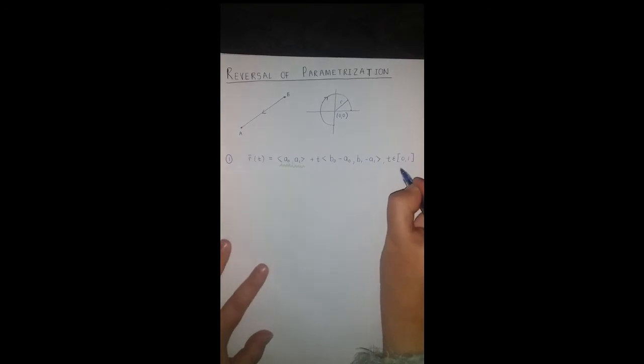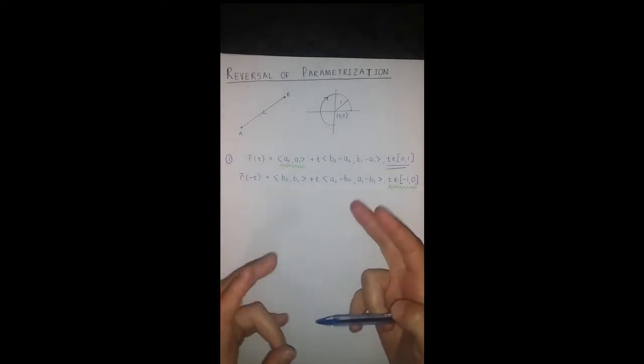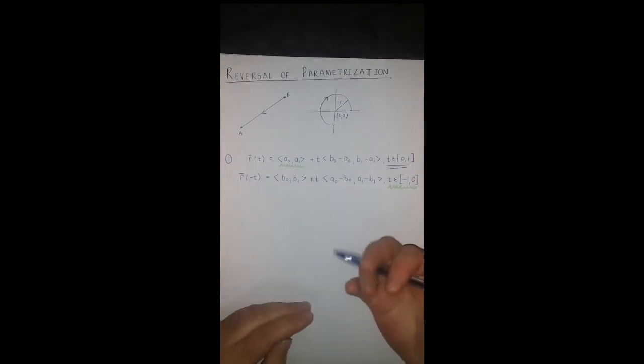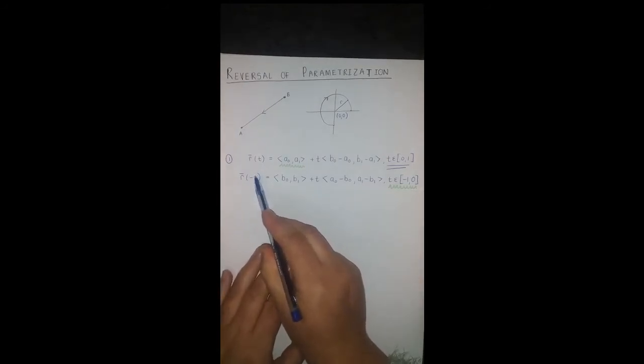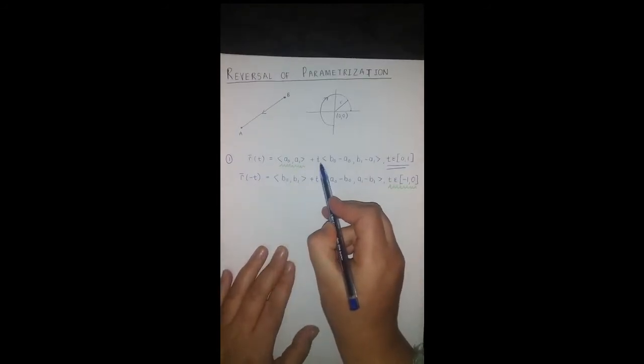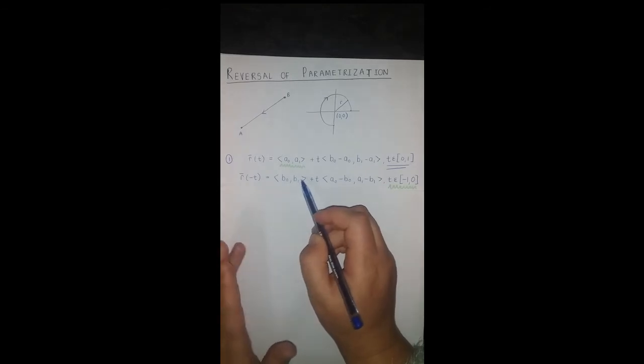And then very important, t is an element of 0 to 1. So if we want the curve as it is actually going, what we do is we reverse time, because it's not going in the same direction anymore. So we put a negative t here. But remember, you can't have the same initial position anymore because it's moving in the opposite direction now.